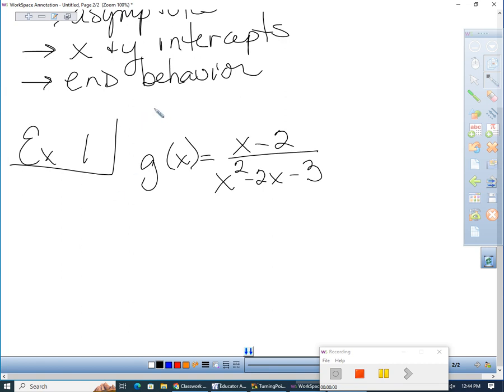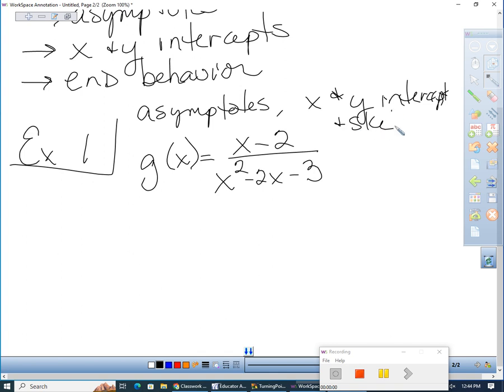And I want you to find asymptotes, x and y intercepts, and then I want you to sketch the graph.